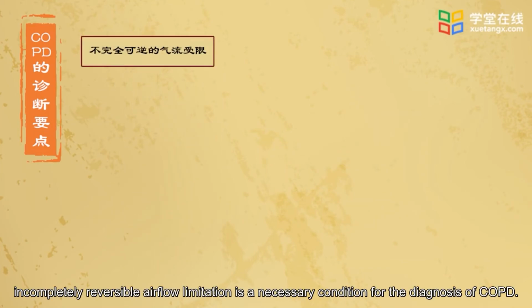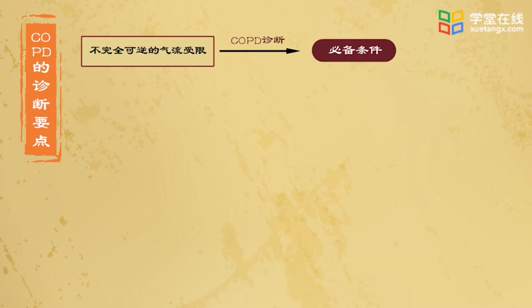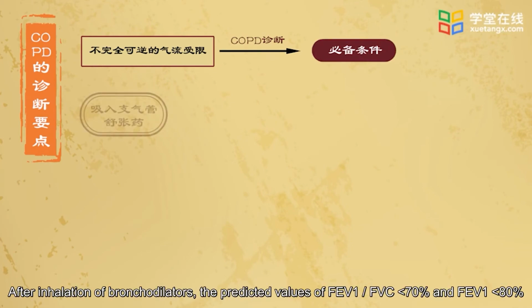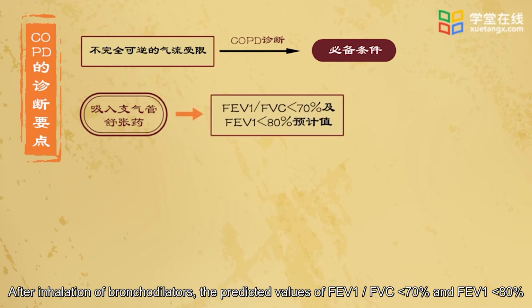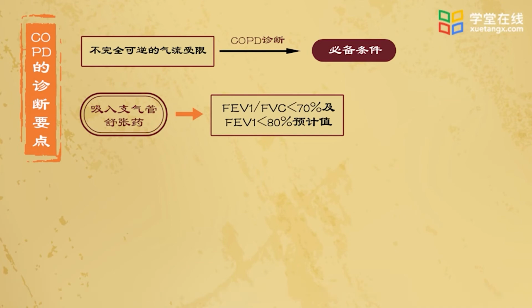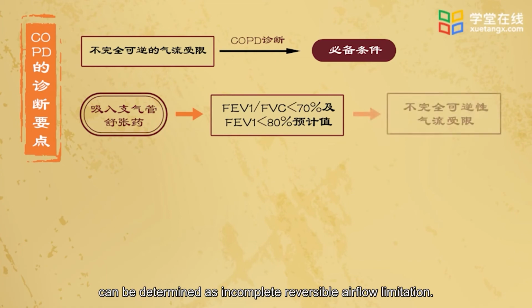Among them, incompletely reversible airflow limitation is a necessary condition for the diagnosis of COPD. After inhalation of bronchodilators, an FEV1 to FVC ratio of less than 70% and FEV1 less than 80% of the predicted value can be determined as incompletely reversible airflow limitation.